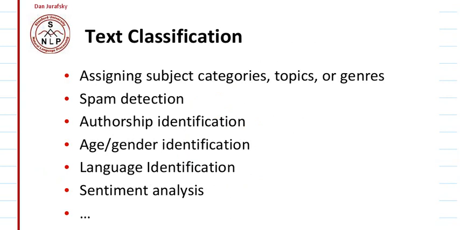So we can say that text classification is the task of assigning subject categories, topics or genres, which in technical terms is called a class. That is where we get the term classification.